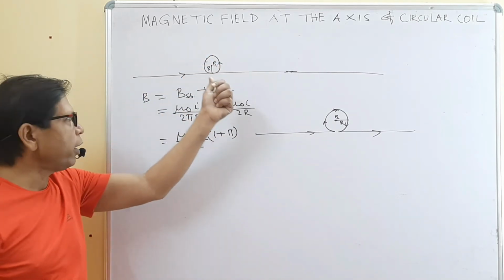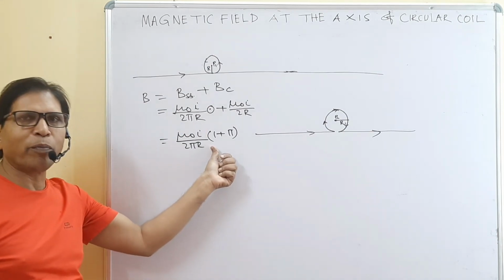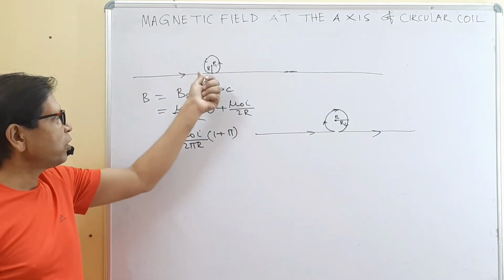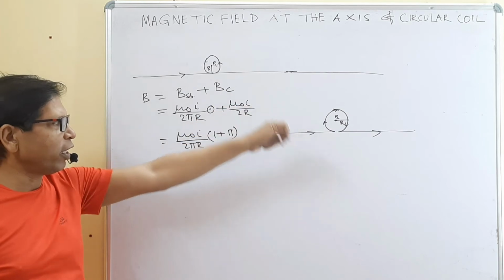The magnetic field due to the straight conductor is μ₀I/2πR, directed outward. The circular coil's field is also in the same direction, μ₀I/2R. Therefore B = μ₀I/2πR (1 + π). This is the expression of the magnetic field due to the circular coil as well as the straight conductor.